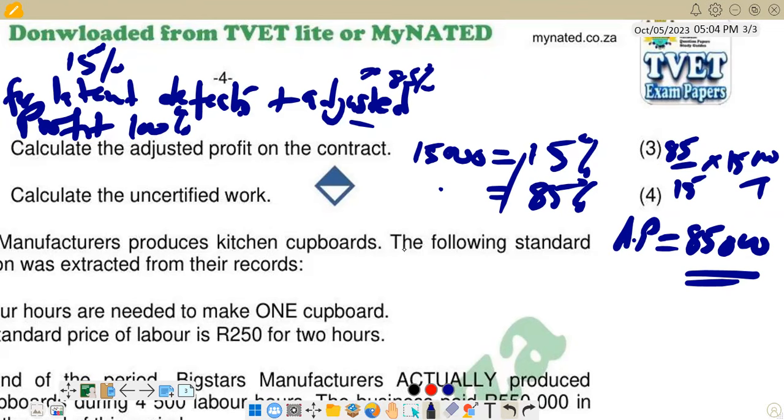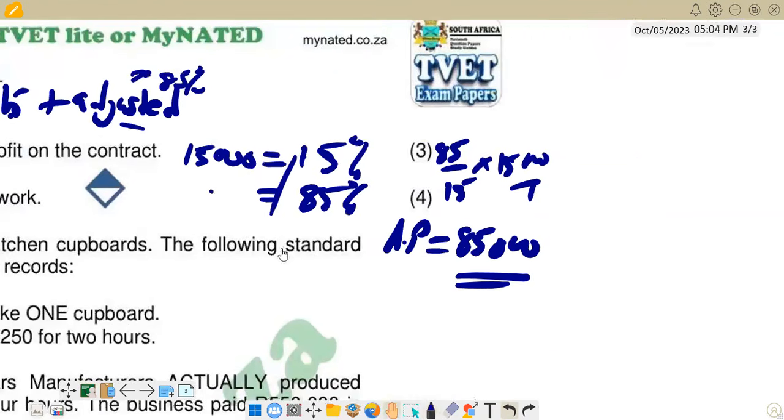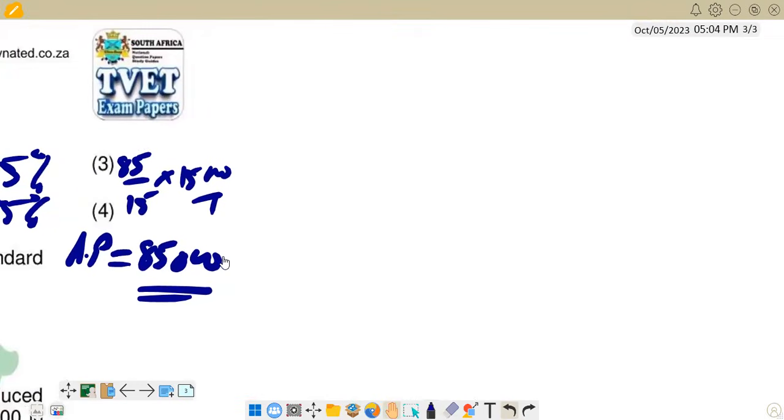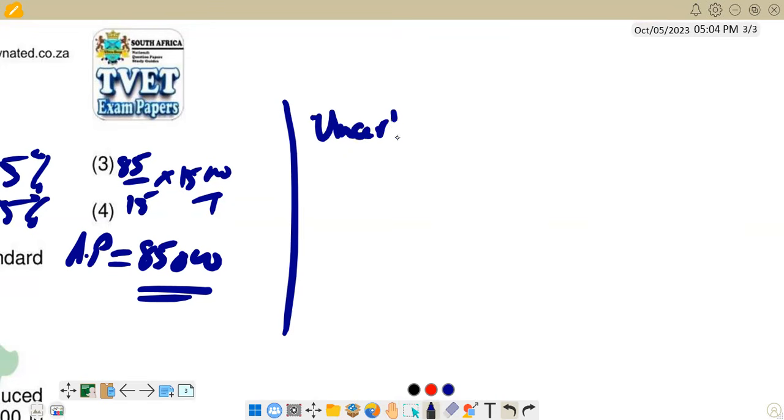Then the next one is saying calculate the uncertified wage. We also need to come up with a formula there.